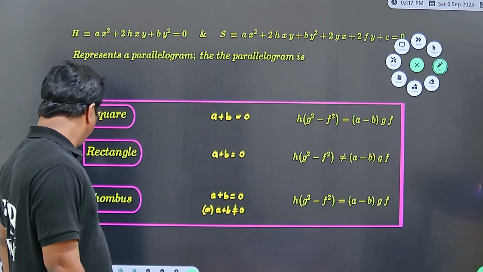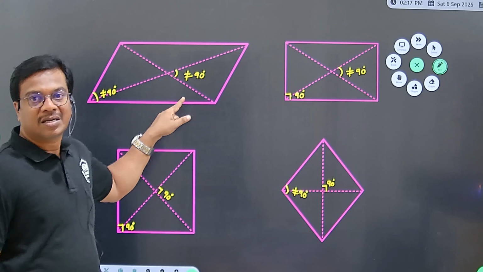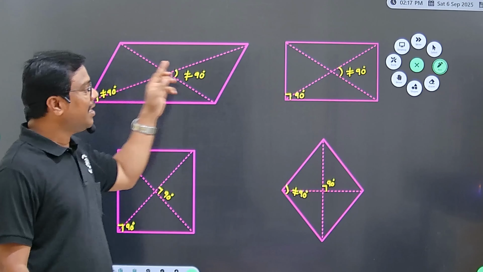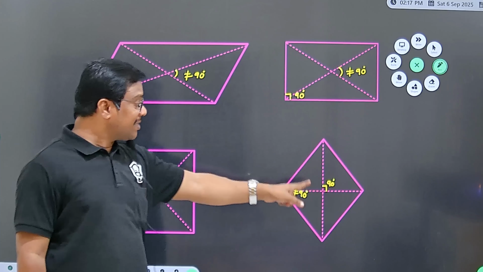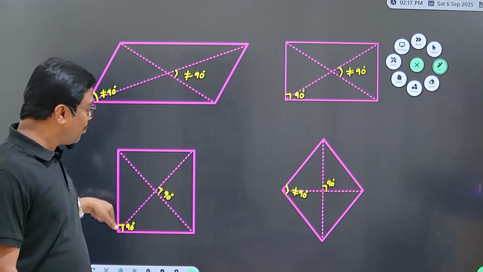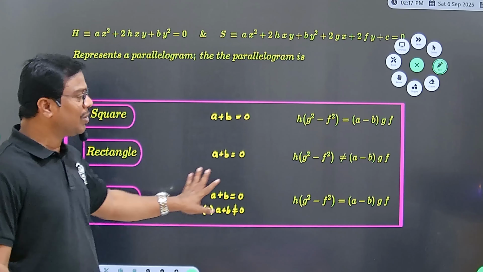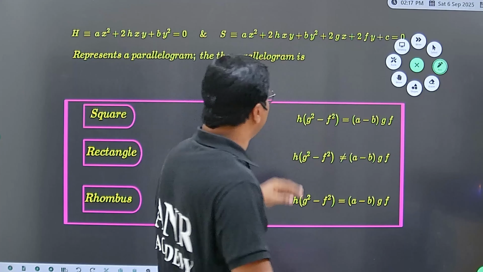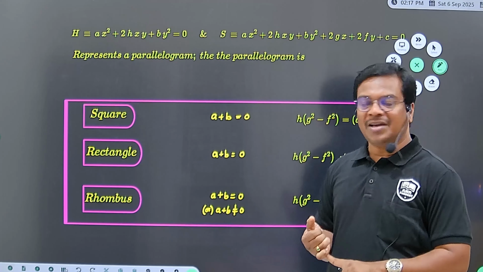And particularly, if both conditions are not satisfied, then it is generally a parallelogram. Specifically, diagonals not 90, rectangle, but diagonals 90 and adjacents not 90, rhombus. Particularly if both are perpendicular, then it is a square. So with the help of just two conditions, just by seeing H equal to 0 and S equal to 0, first you write the values of a, b as well as h, g, f.